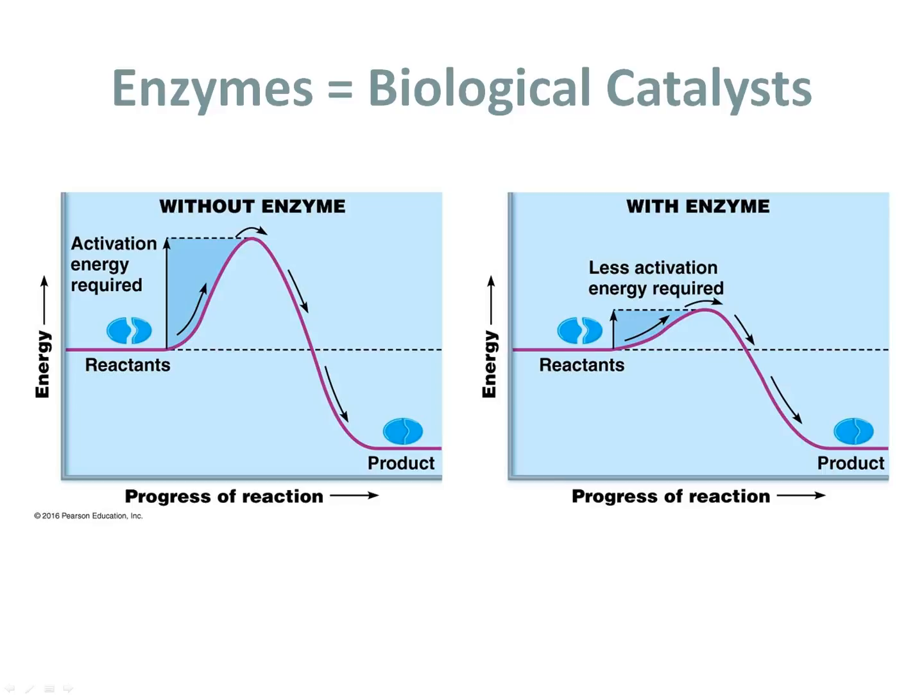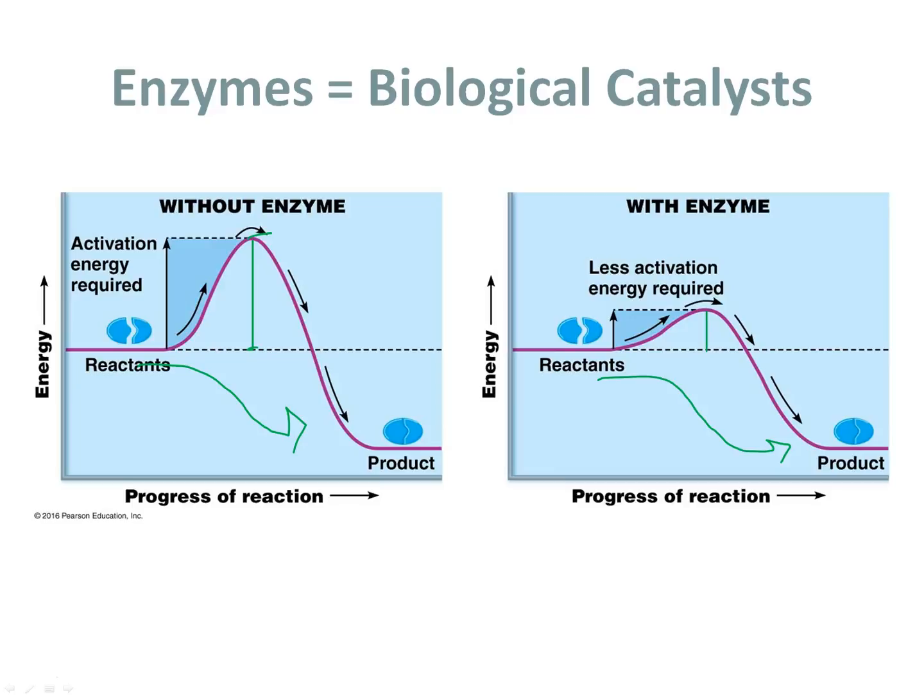Enzymes are biological catalysts. They help reactions move from reactants to products by lowering the activation energy. Without an enzyme, our activation energy is this much. When we add an enzyme, it doesn't change the direction of the reaction. So the direction of the reaction from reactant to product is still the same, but it does make the activation energy lower.